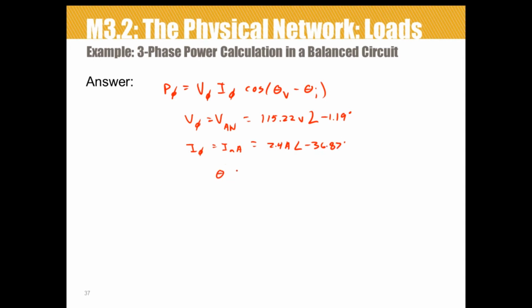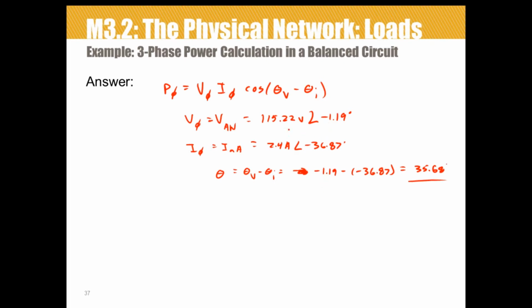So theta is just going to be theta V minus theta I, equal to negative 1.19 minus negative 36.87, and that's going to give me 35.68 degrees. So 35.68 is the phase difference between the voltage and the current in one phase of the load. Any phase, really.